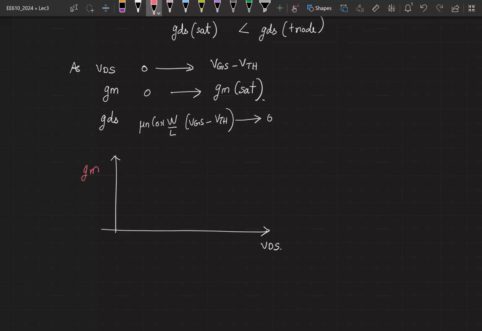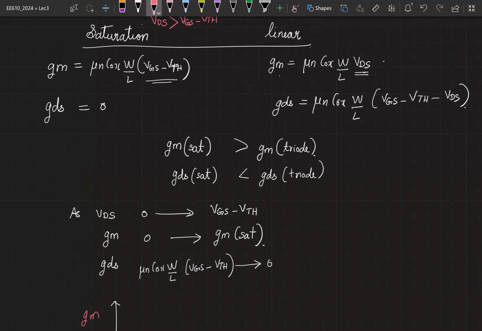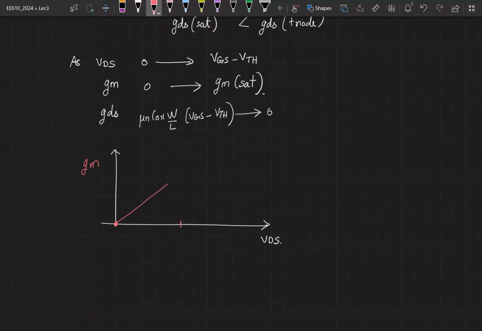How does your GM look? It starts from 0 and keeps increasing linearly with VDS, and it will keep doing this till the value VGS minus VTH. After this, it is a constant. Okay? And your GDS is going to start from the same value, then it will keep decreasing, and then it remains at 0.